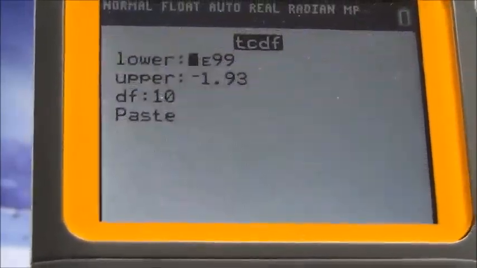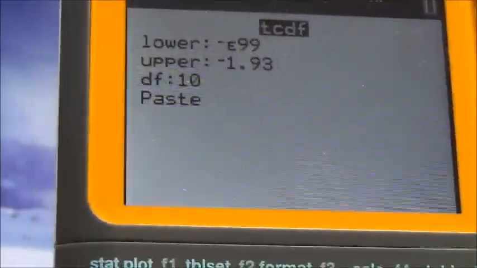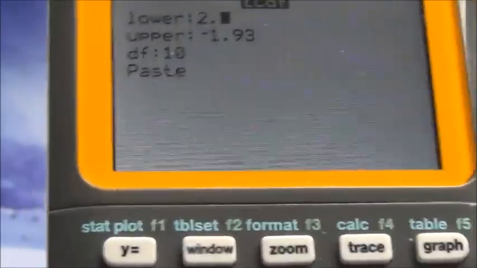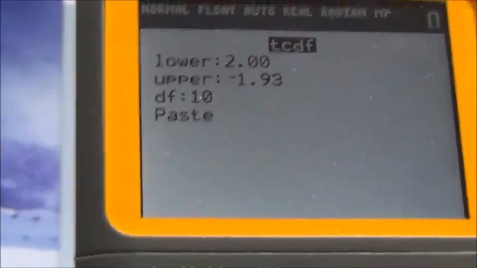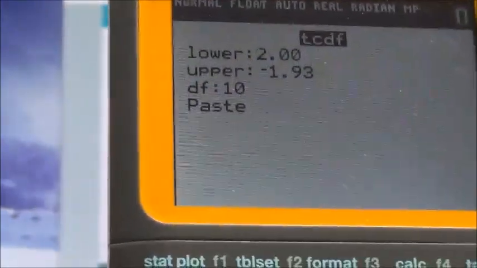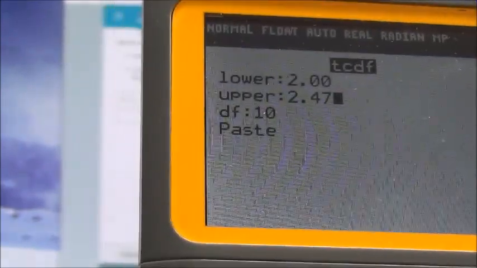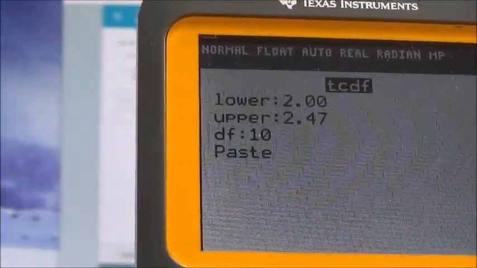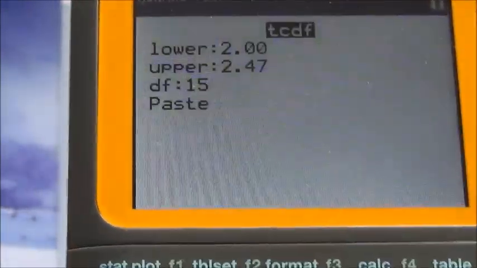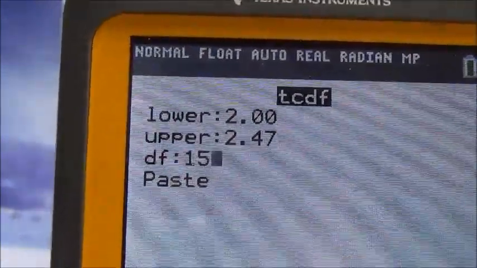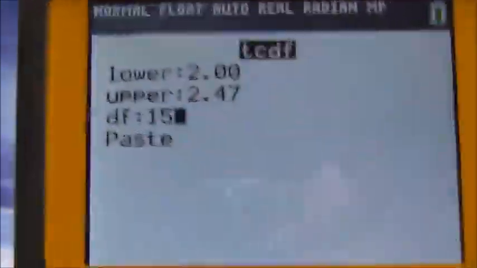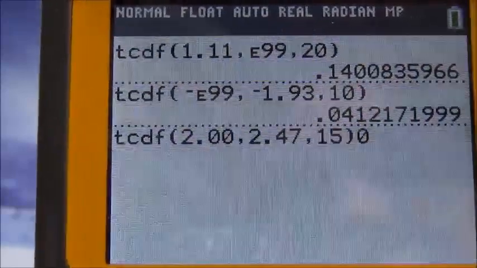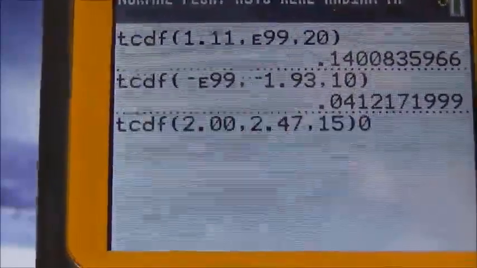And here I'm just going to put the lower limit and the upper limit. So I want to do the area between 2.00 and 2.47. My degree of freedom on this one says I'm going to do 15. So I have my lower limit at 2, my upper at 2.47, my degree of freedom at 15. Paste that into my formula and hit equal.